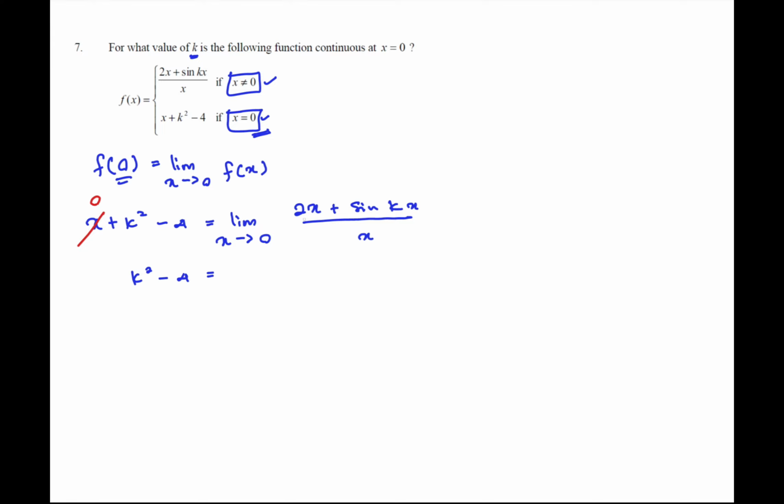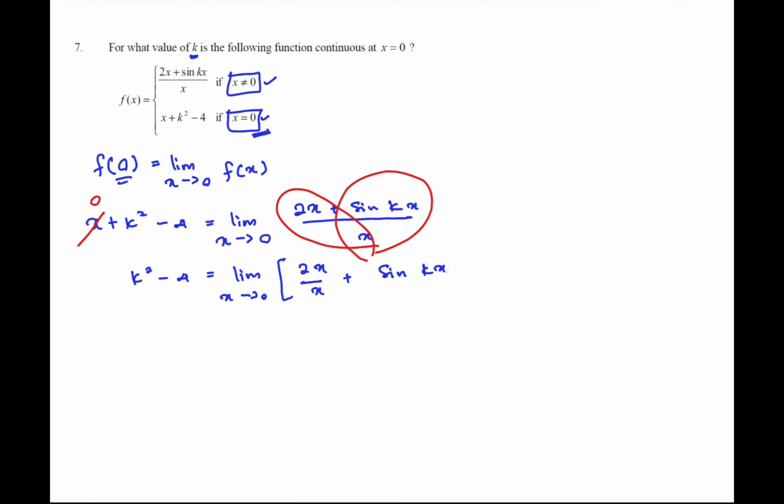We can split it into two parts. So we get the limit as x approaches 0 of 2x over x plus sine kx over x.